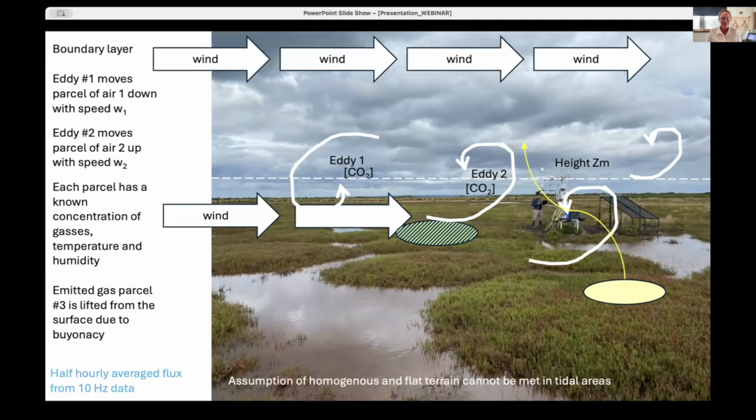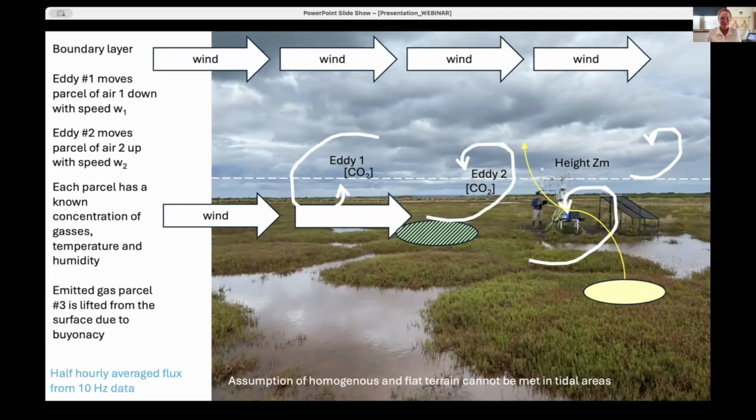There are a few assumptions we need to make when we are working with these simple physics principles. One of them is that these eddies indeed occur, and also that my buoyant air can rise and that I have some buoyancy. And these are not satisfied when, say, the atmosphere is in very stable conditions.